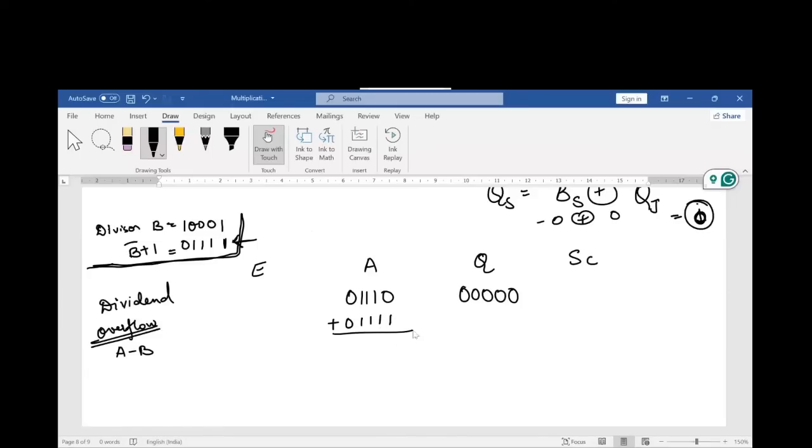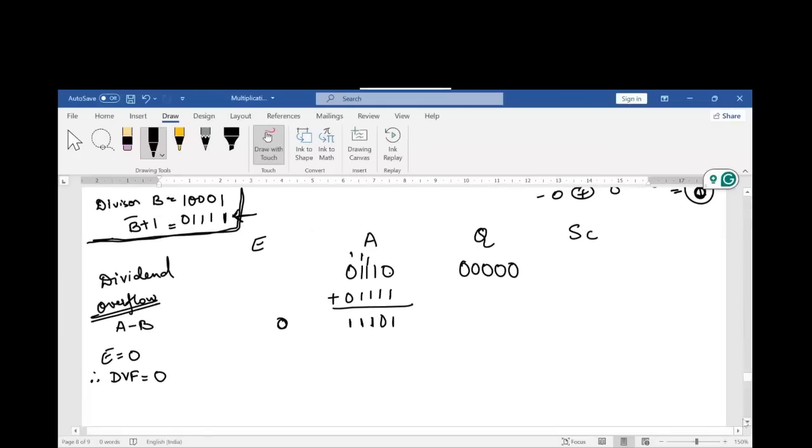We are doing A minus B right now, okay? 0, 1, 1, 0, here 1, 1, 1, 1, 1, 1, 1 here and 1 here. Carry 0. So here E equals 0, therefore division overflow is equal to 0. As E is 0, there is no overflow.